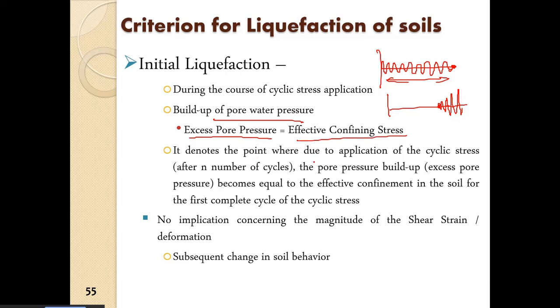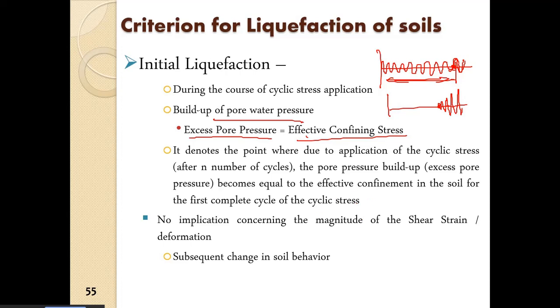It denotes the point where, due to the application of the cyclic stress after n numbers of cycles, the excess pore pressure buildup becomes equal to the effective confinement in the soil for the first complete cycle. So now the next cycle which is applied onto the soil is applied to the liquefied soil.